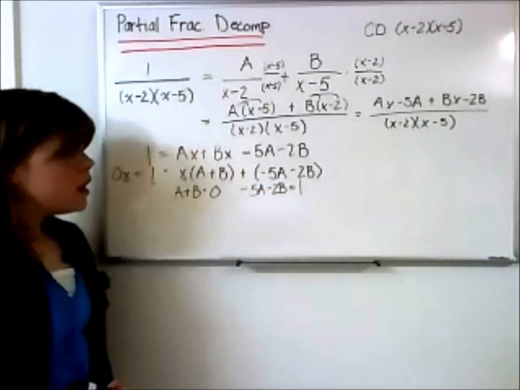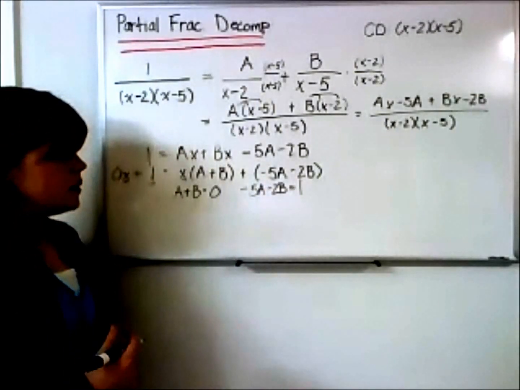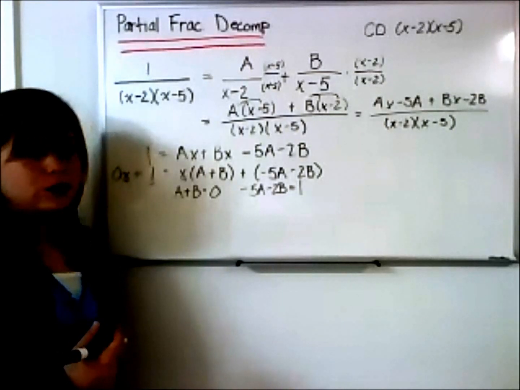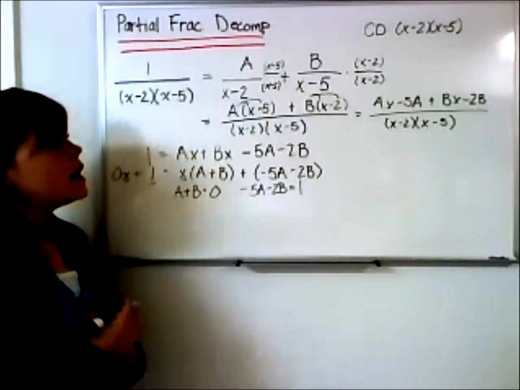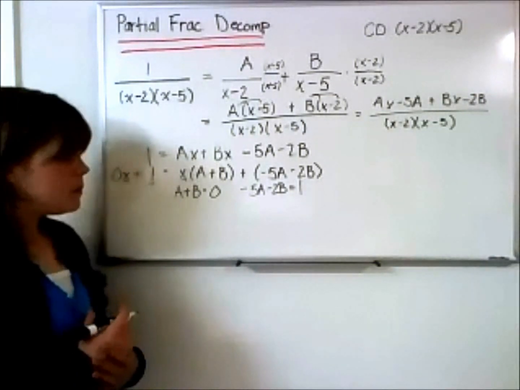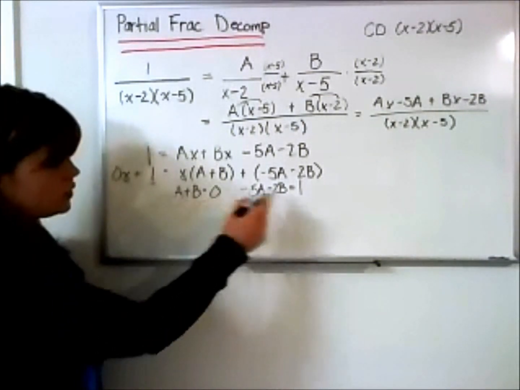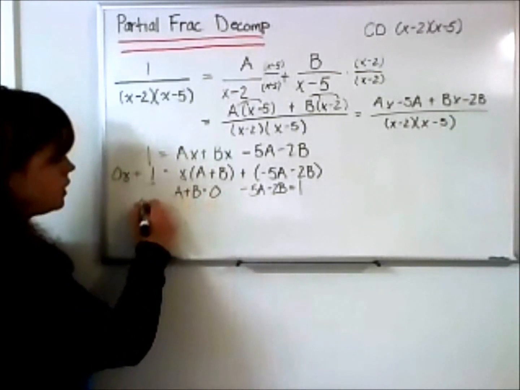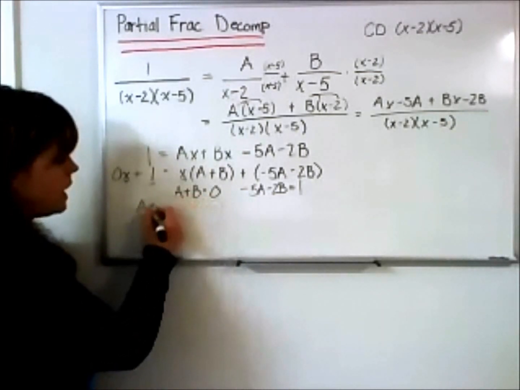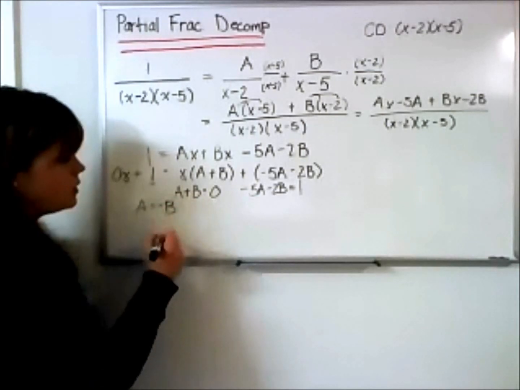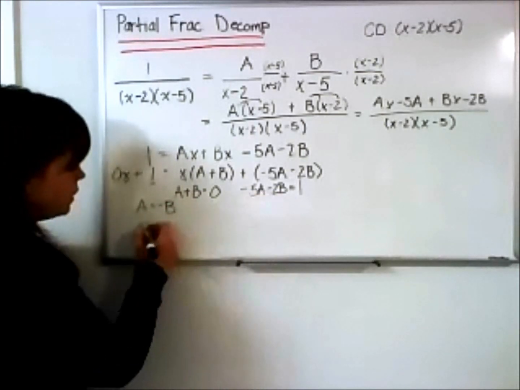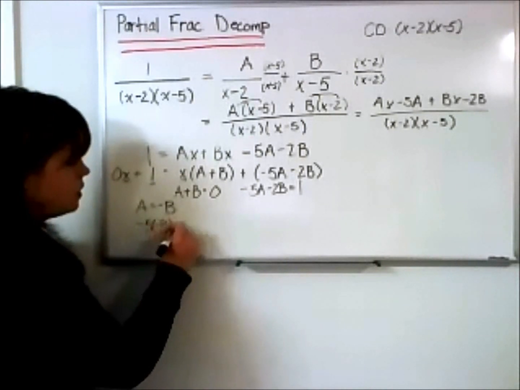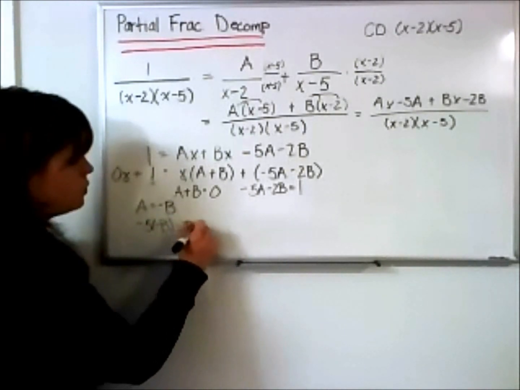Okay, so this is ultimately where we want to go. And at this point what we have is two equations with two unknowns. Again, our goal is to find A and B. So, two equations, two unknowns, we can solve. From this one we'll get A equals minus B. Substitute that into this equation, we'll get negative 5 times negative B minus 2B equal to 1.